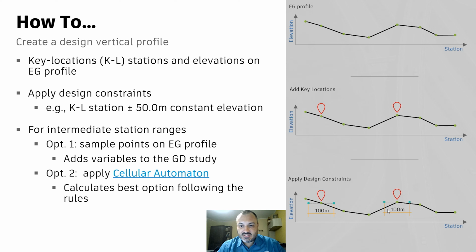And my hope is that you will see a different technique that you can apply and it can be useful for other concepts as well. So the cellular automaton is based on a series of iterative calculations that will find the best option following some rules, and you are in complete control of which rules, in which order they're going to be performed, and so on.